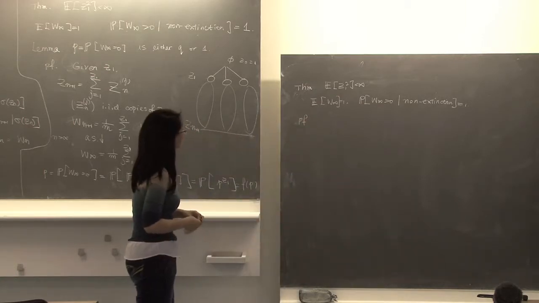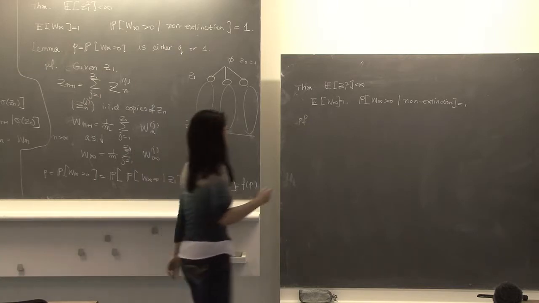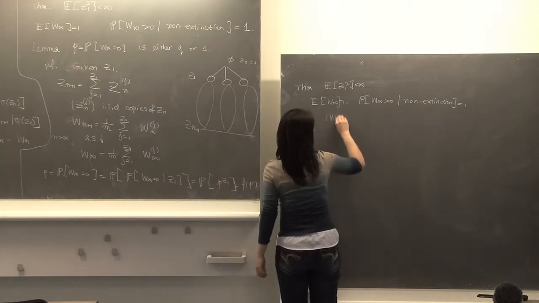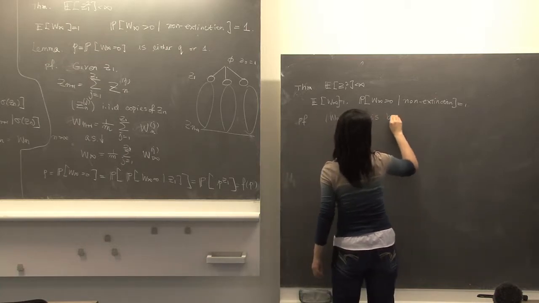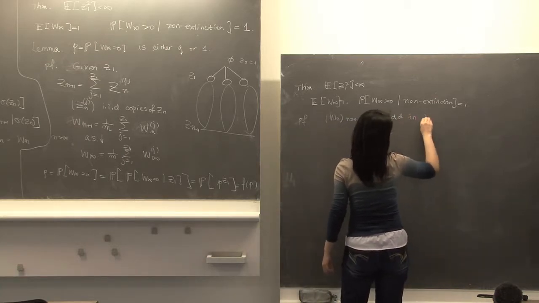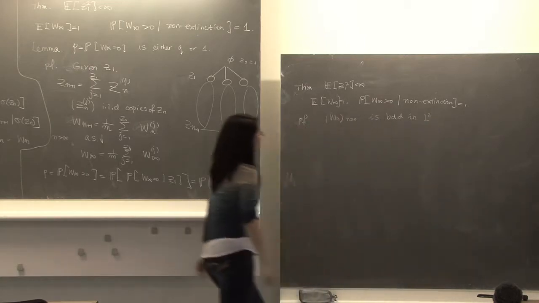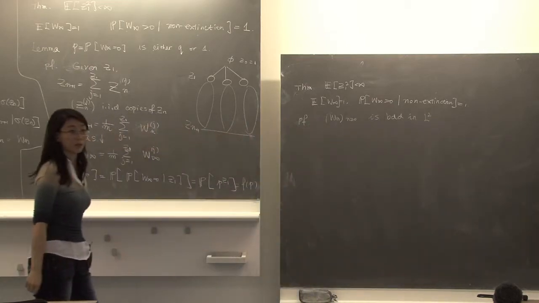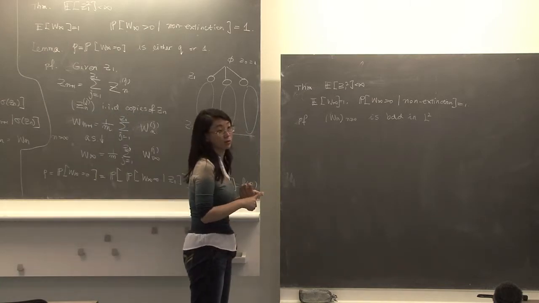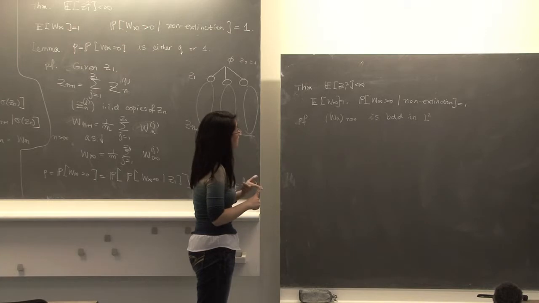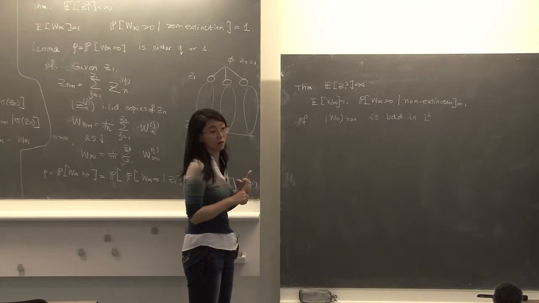In fact, when we have finite second moment, we will show that this Wn is a martingale that is bounded in L2. Suppose we prove that Wn is bounded in L2, then we know that Wn will converge in L2. It also implies that Wn is UI, so there is also convergence in L1.